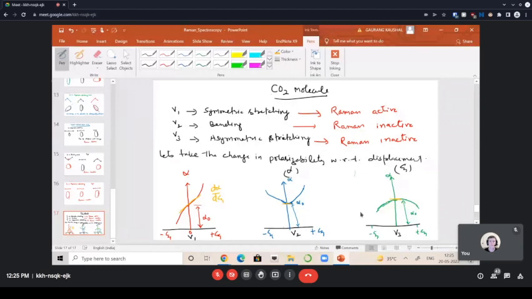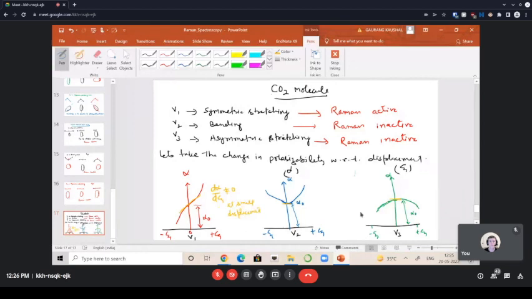This is not 0 at zeta equal to 0, or you can say at small displacement. The appropriate wording would be at small displacement. So when there is small displacement, this slope is not 0.